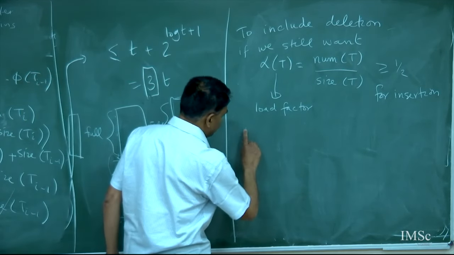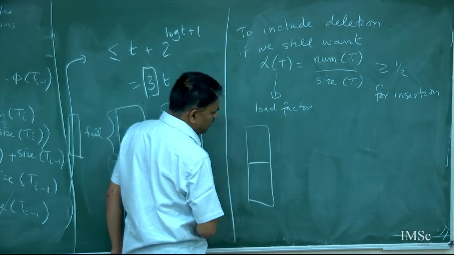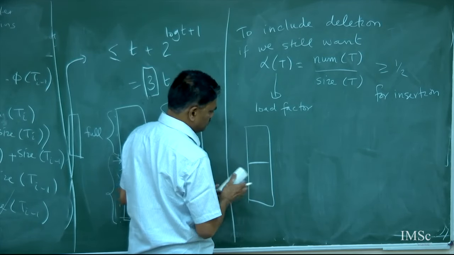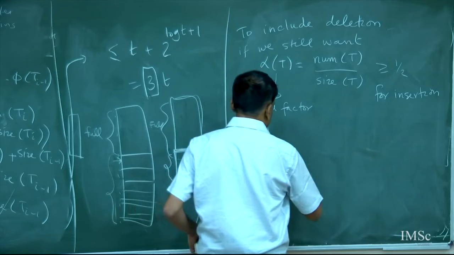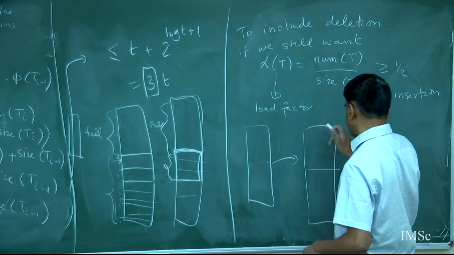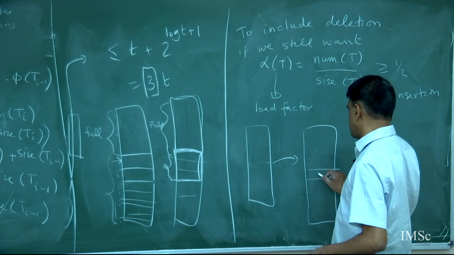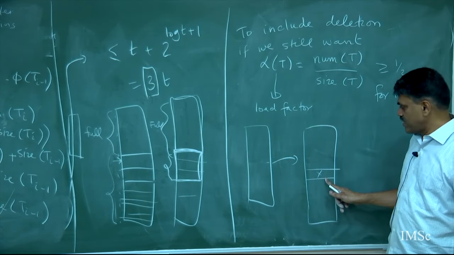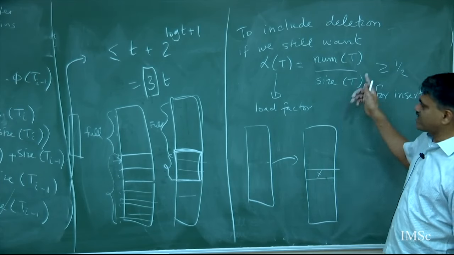Yeah, so suppose I built my table and it was full, let's say. Because you want to maintain at least half full, you created double the size and inserted this new element. Now I delete this. Deleting this, you are still greater than or equal to half.